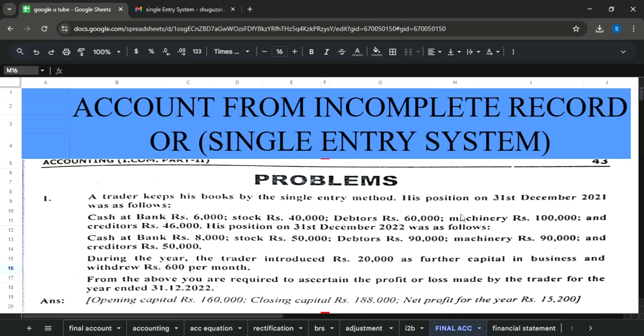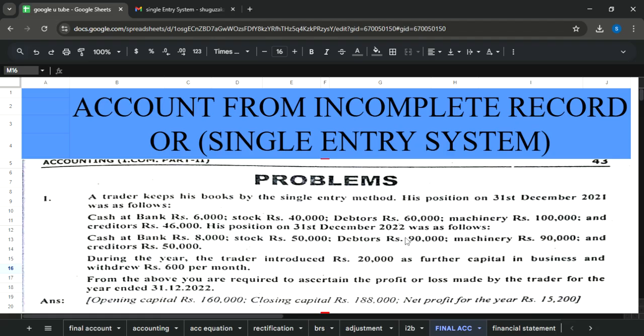There is no difference between 31st December and 31st December over here. The difference is the year, 2021, 2022. So everything written beside 2021 is opening and all items written beside 2022 are closing.